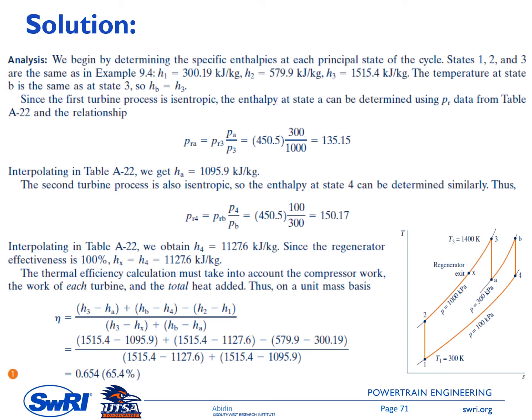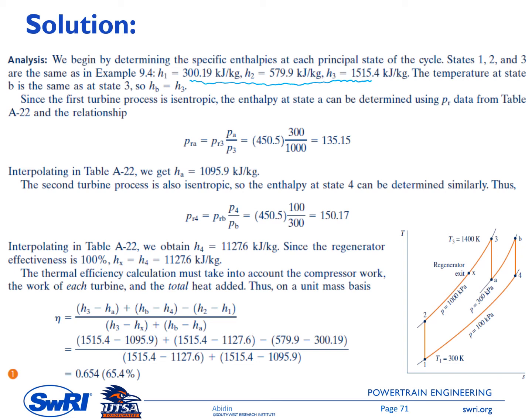Okay, the first step is to determine the state at each point, the properties at each point. So states 1 to 3, I believe, are the same as the ones from the previous example. So we have h1 = 300.19, h2 is 579.9, and h3 is 1515.4 kilojoule per kilogram.